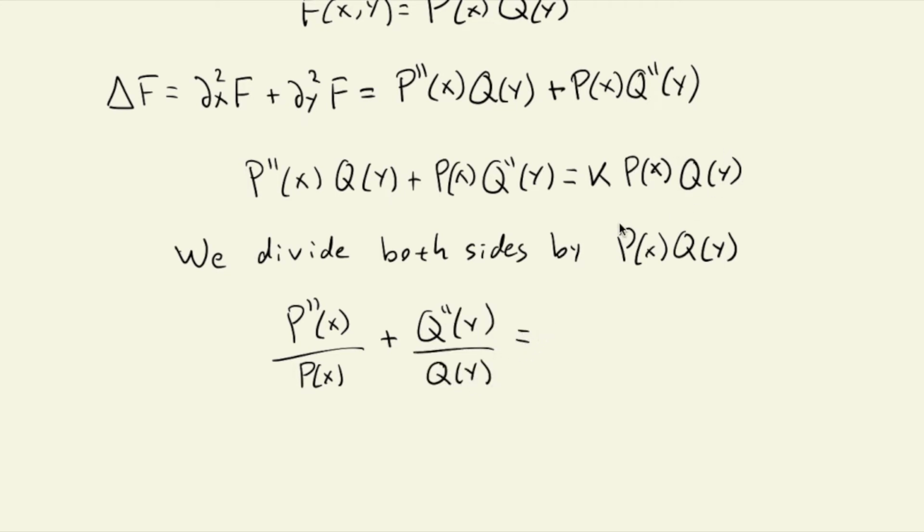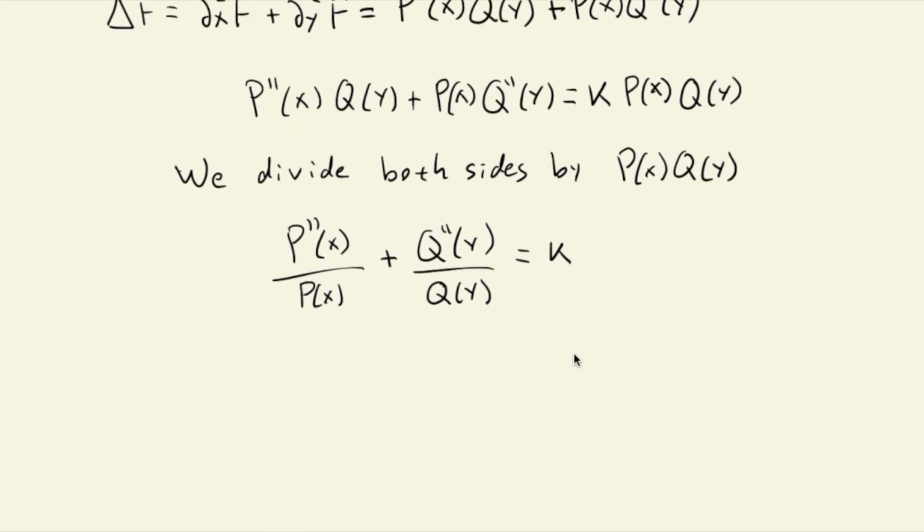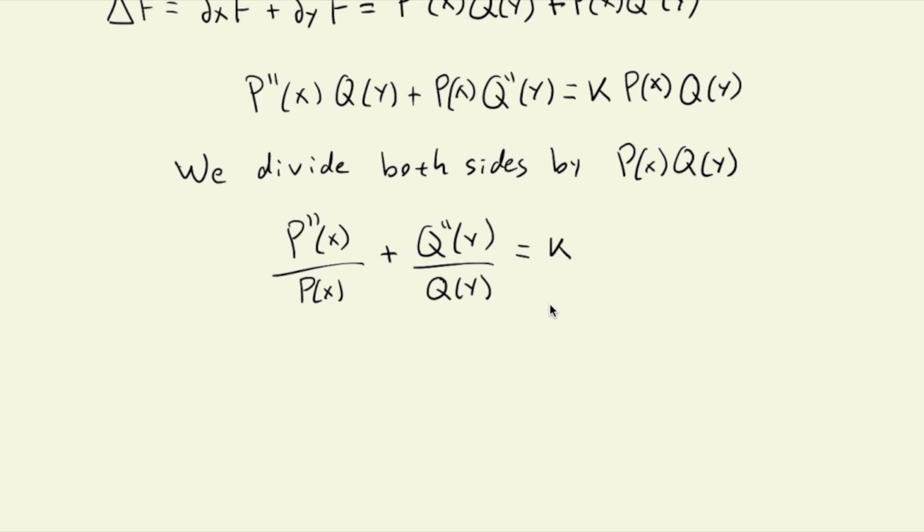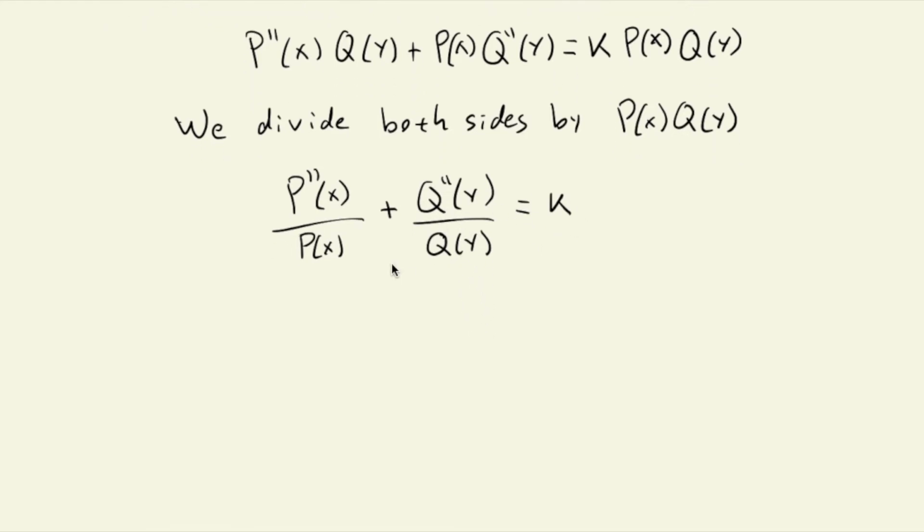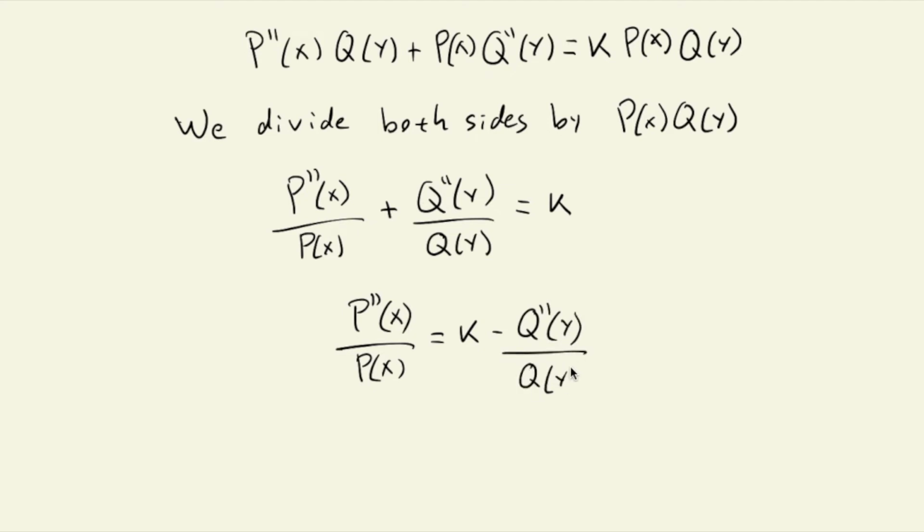And on the right, everything cancels. We're just left with k. Okay, and we want to make a similar argument that these quotients have to be constant. So what I can do is just send one of the terms to the other side. I'm going to write p prime prime of x over p of x is equal to k minus q prime prime of y over q of y.